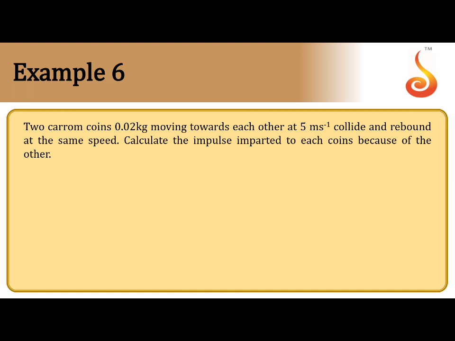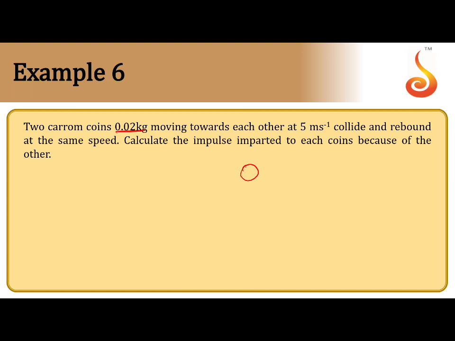In the next problem, we have two carom coins, each of mass 0.02 kg, moving towards each other at 5 meter per second. They collide with each other and rebound with the same speed. Calculate the impulse imparted to each coin because of the other. So here there are two carom coins.